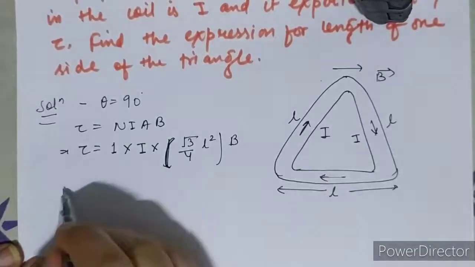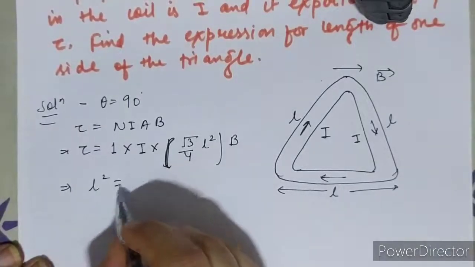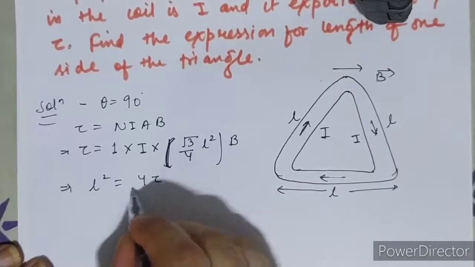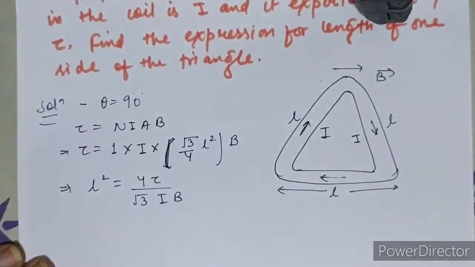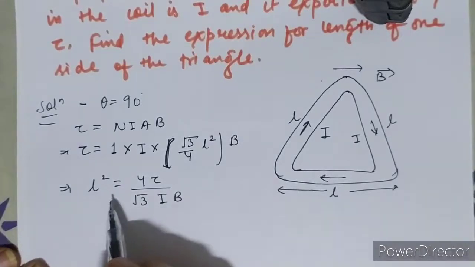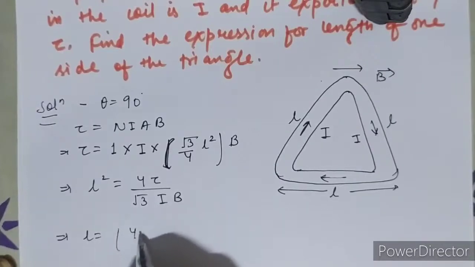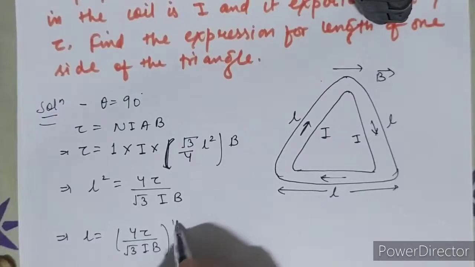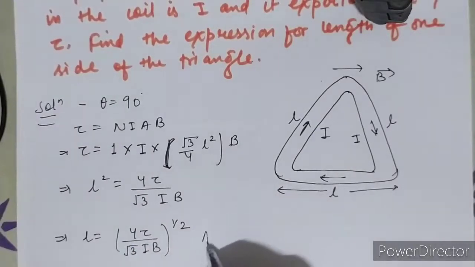And B. Now from here, we have to find the length of one side of the triangle. So L square is equal to 4 torque upon root 3 I into B. Now we have to remove the square from here. Then you get L is equal to 4 torque upon root 3 I B to the power 1 by 2. Okay? Clear? And this is the answer.